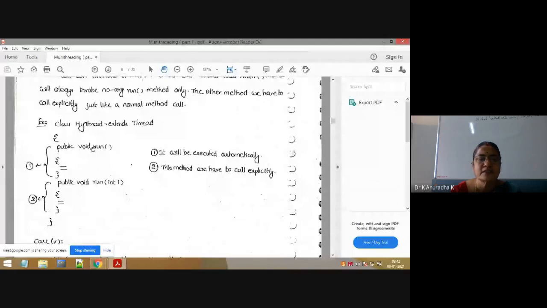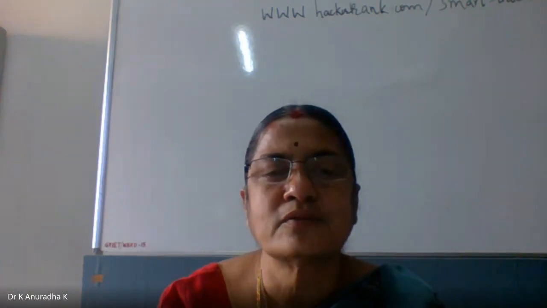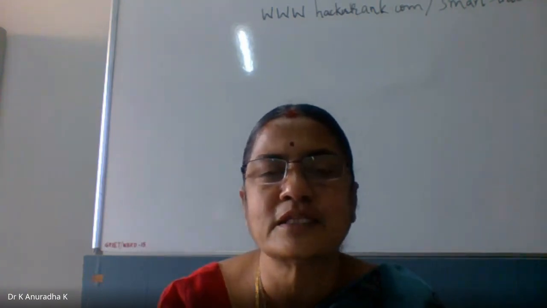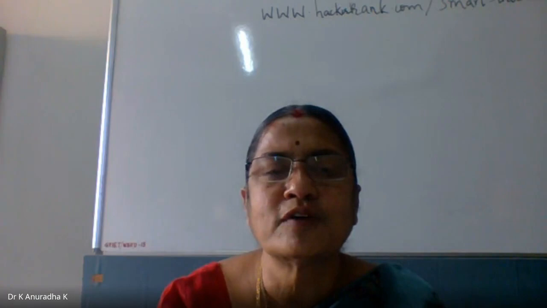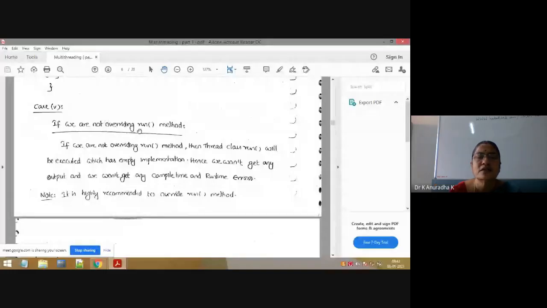Here, we must override the run method. Suppose if you do not override the run method of the thread class, what will happen is it will execute the run method of the thread class. The run method of the thread class has a null implementation, no? So when you write t.start, it will invoke the start method of the thread class.